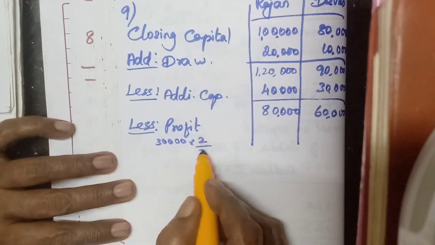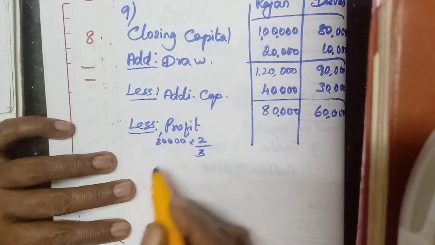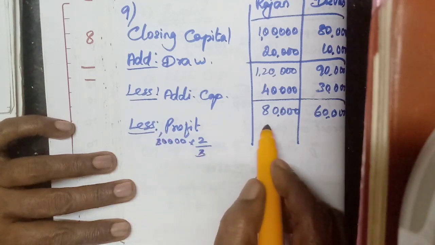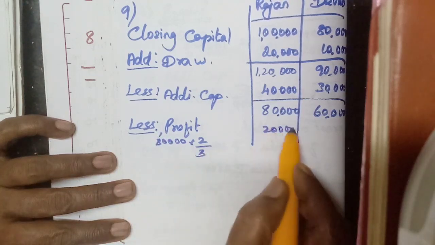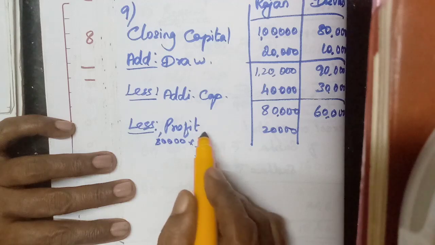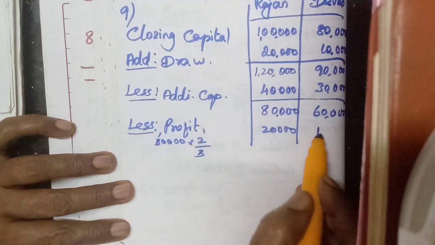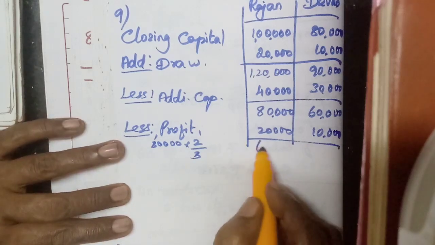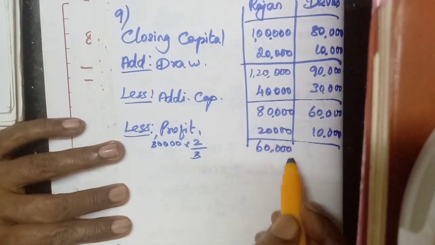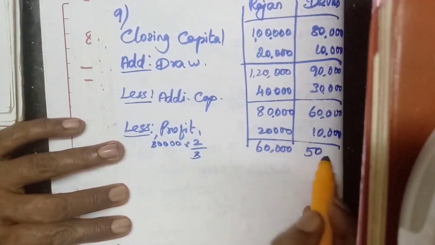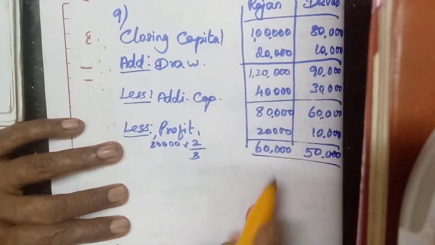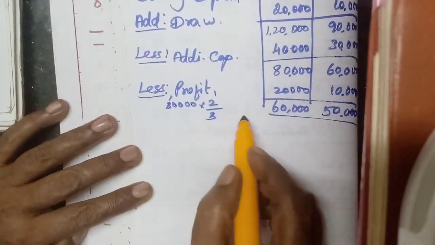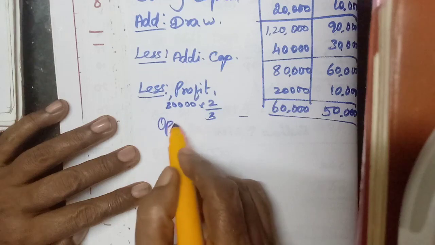So 2 by 3 here, 1 here. 10,000 into 2 is 20,000, and 10,000 into 1 for the other partner is 10,000. Less, so minus 60,000, 50,000. Now we got the opening capital. This is called opening capital.